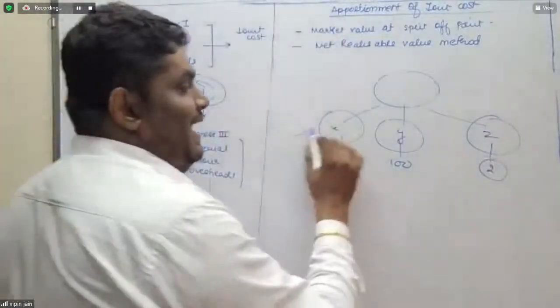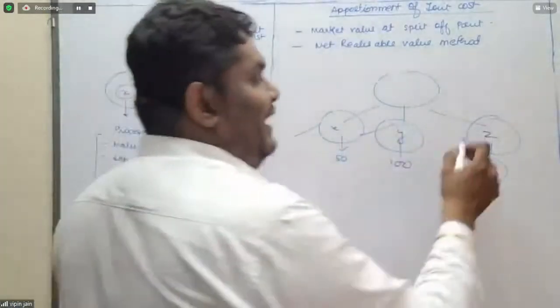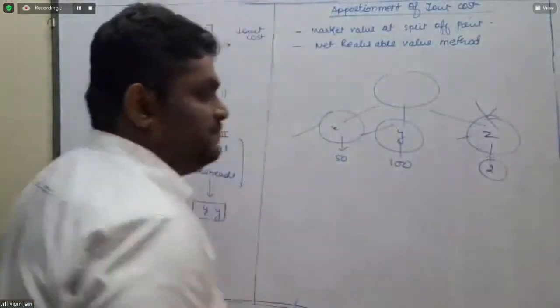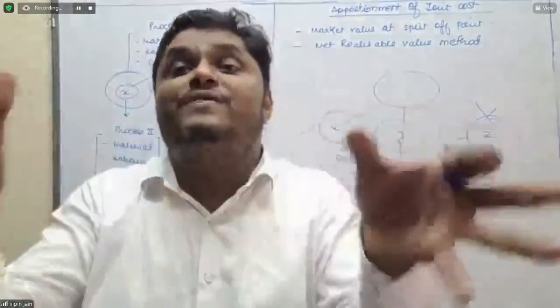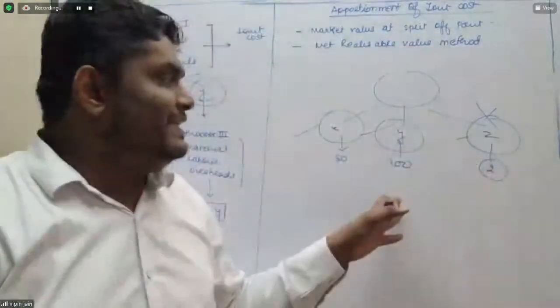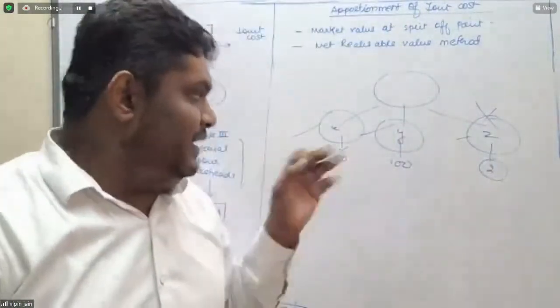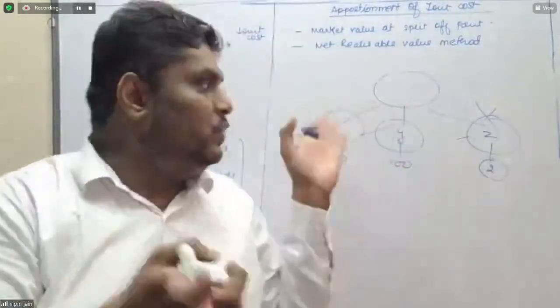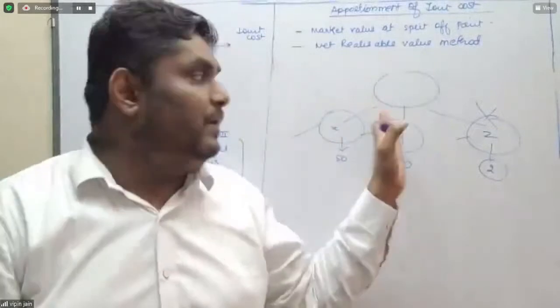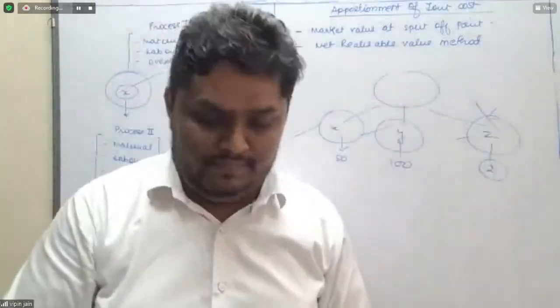So we can say X and Y are the joint products and Z is the byproduct. So there may be a difference in value, but yes, they should have some significant value.